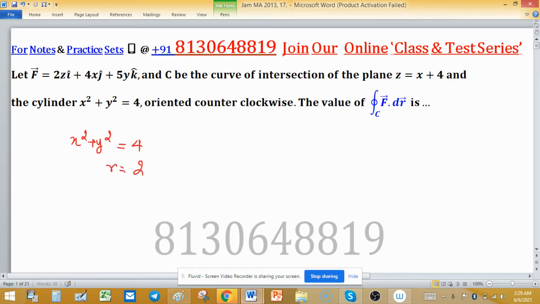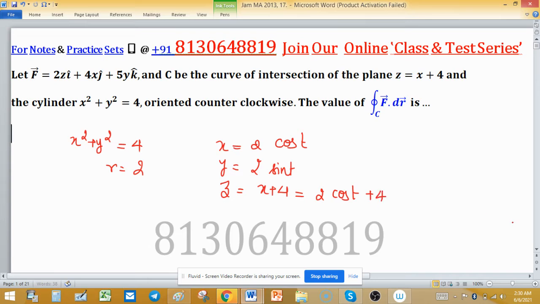Parameterize this curve: x equals 2 cos t, y equals 2 sin t, and z is given as x plus 4, so it will be 2 cos t plus 4.